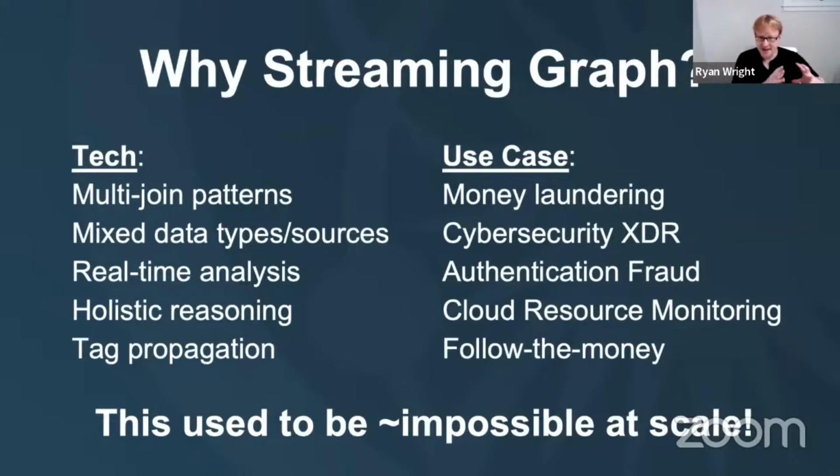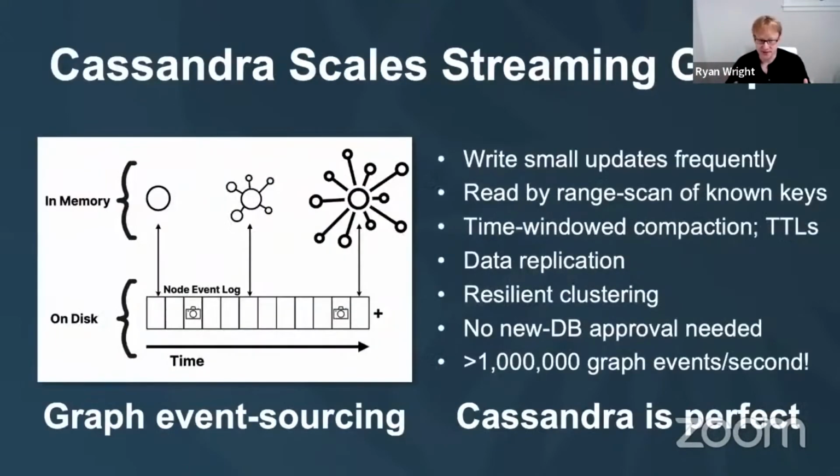With real-time analysis capabilities, you can watch for authentication fraud as it's happening, and you can shut those fraudsters down before they actually get in and log into the system. So those were previously impossible, and now they become new capabilities for stream processing because of how Cassandra works together with Quine. Quine saves the node data in an event source fashion.